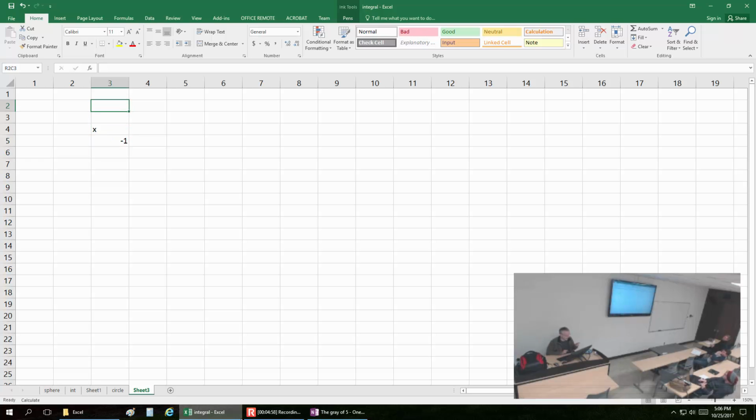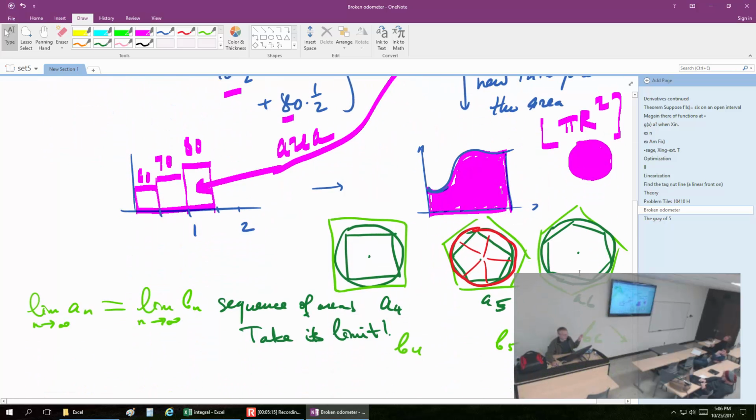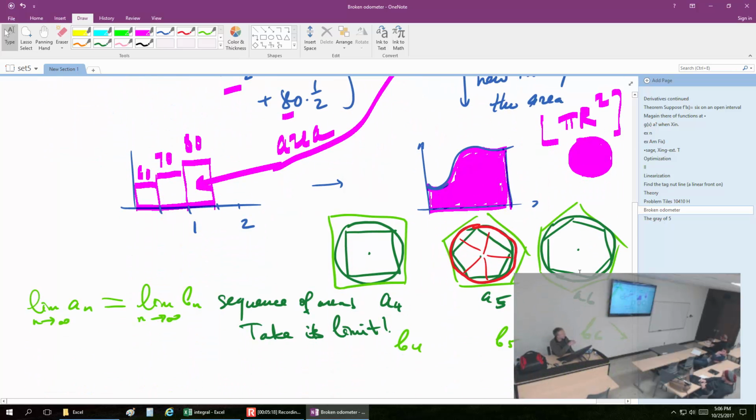Over here I will also need my h, but it depends on the number of intervals on the x-axis within this segment between -1 and 1. Even though the Greeks did not have what we do, we can follow their idea, which is approximation, except we're not going to be approximating with triangles, but rather with rectangles.